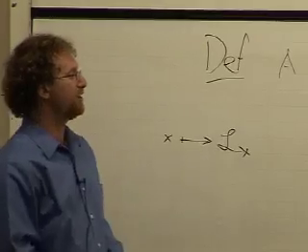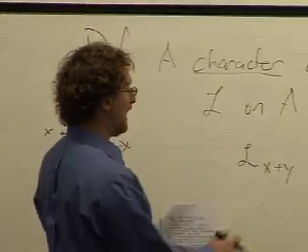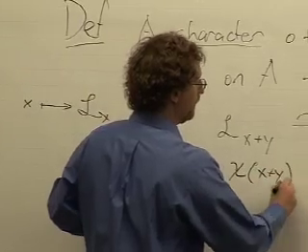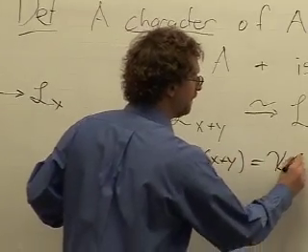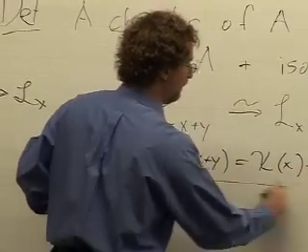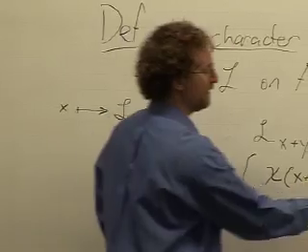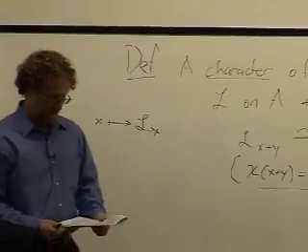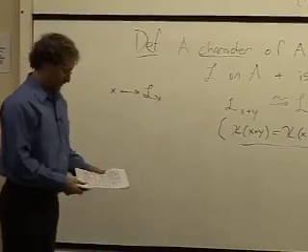So it's a line-valued function on the abelian variety. And this is the analog of the property that the character of x plus y is the character of x times the character of y, which we had in the definition of the Fourier transform. So this is the analogous property for line bundles. This is what I'm going to think of as a character.